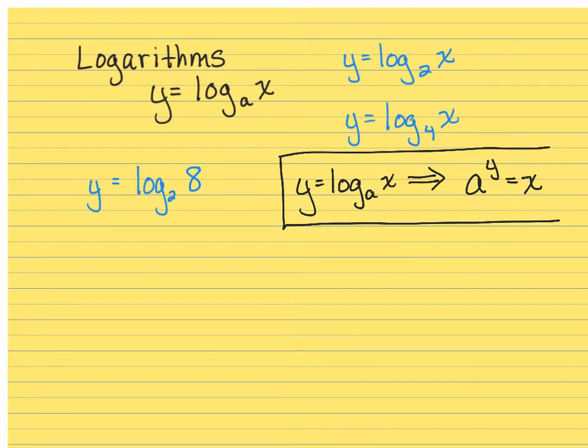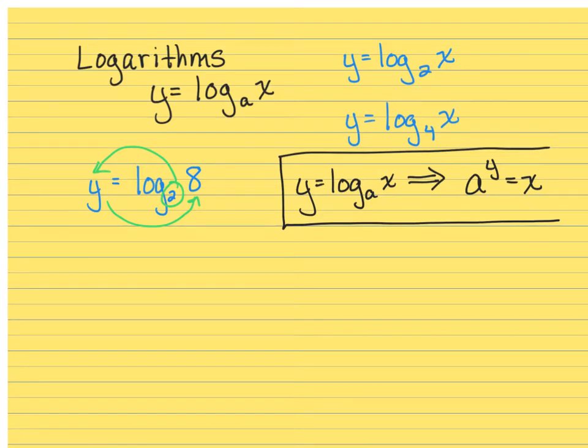Let's start with y equals log base 2 of 8. If I want to calculate what that is equal to, I rewrite it in exponential form. So it's 2 to the y equals 8. That's how that works. If you look at the logarithm, you've got a raised to the y equals x, and that's what you get there.